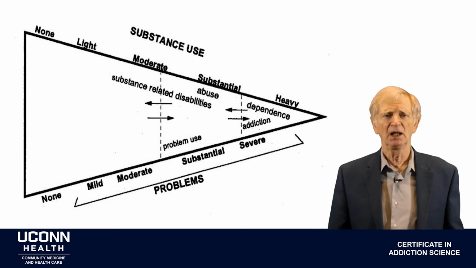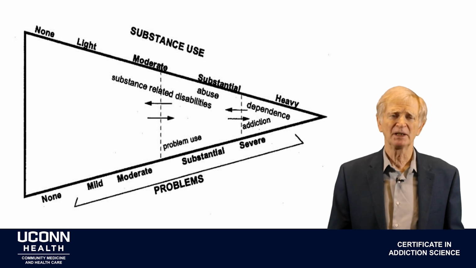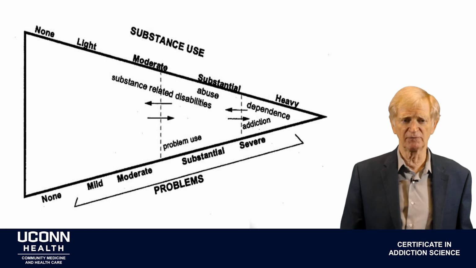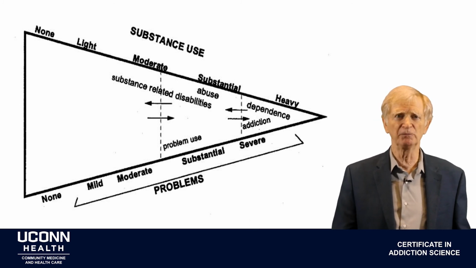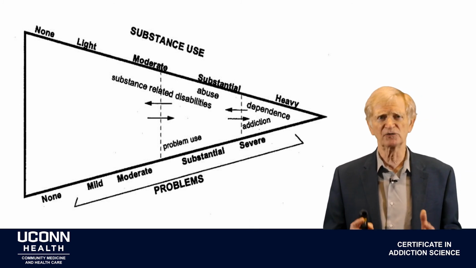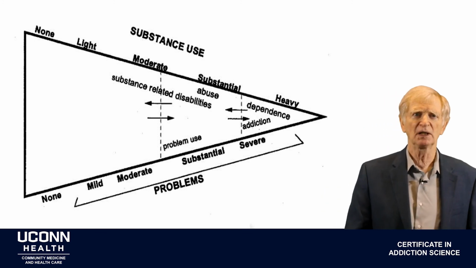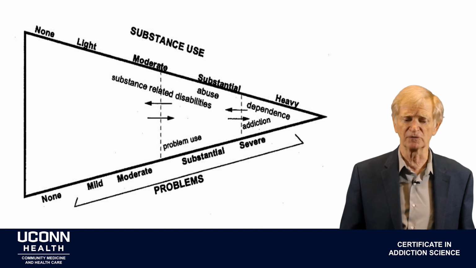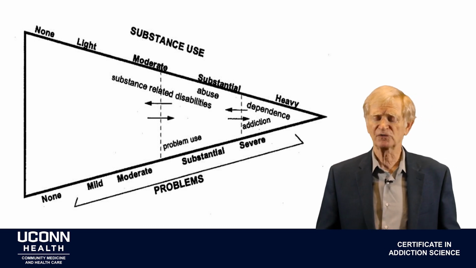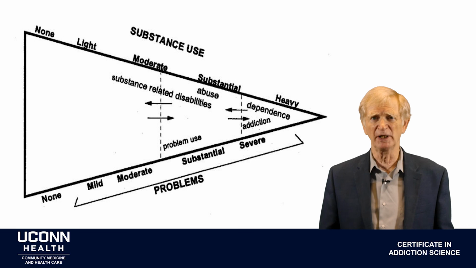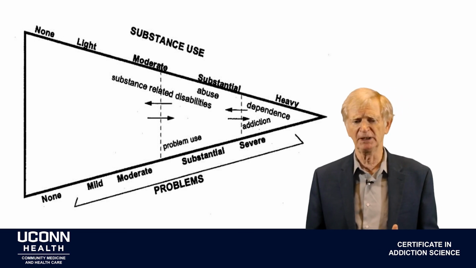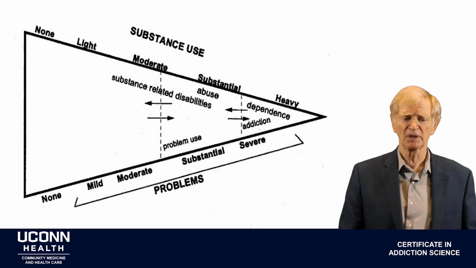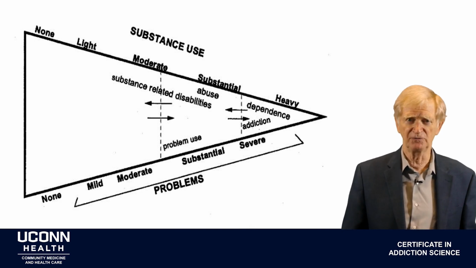That implies that as you go down to the lesser levels of severity, there are greater numbers of people with either substantial or moderate or even light substance use and substance use problems. So our services tend to become concentrated in focusing on the people with dependence. And now there's been a shift to try to identify people at lesser levels of severity.